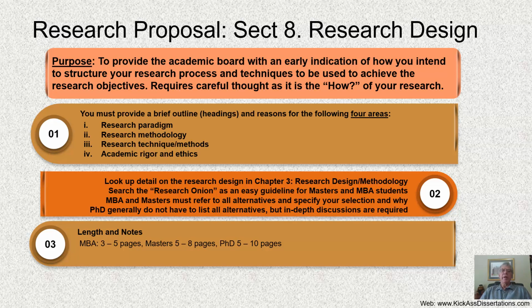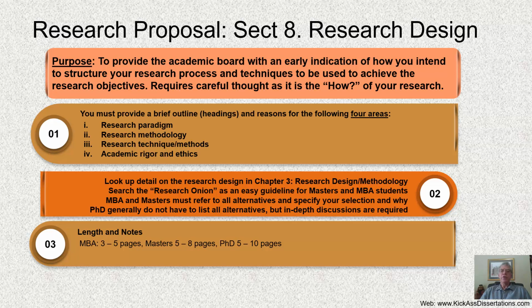Remember that on MBA and master's levels, it is important that you list all the alternatives. Say, for instance, there's a choice between quantitative, qualitative and mixed method studies. You mention all 3, with a brief discussion about each one of them. And this is really important. So you have to state the alternatives.